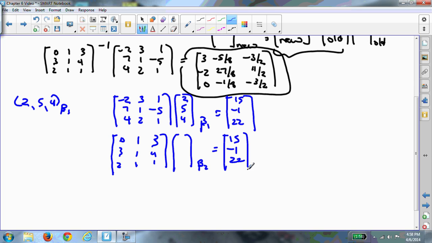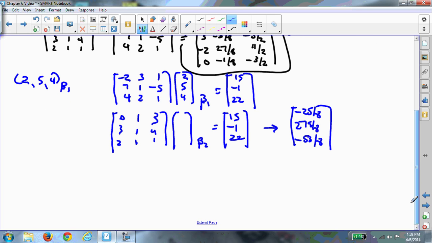So if I solve that using RREF or an inverse, I'm going to get my basis 2 vector to equal negative 25 over 8, 279 over 8, and negative 53 over 8. Alright, so that's doing it indirectly.